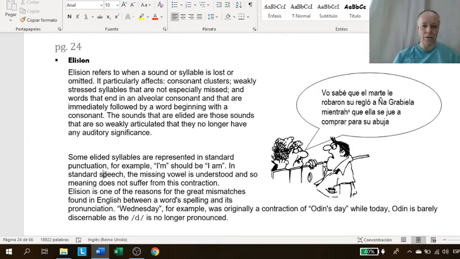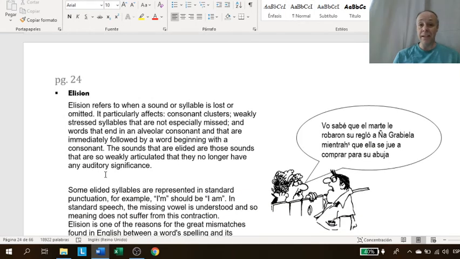So these are phenomena that happen in every single language, and these four are the ones that we need to know. Assimilation, which can be progressive or regressive. Dissimilation, which is the opposite of assimilation. Metathesis, which is a sound traveling through the word, and elision, when the sound disappears.